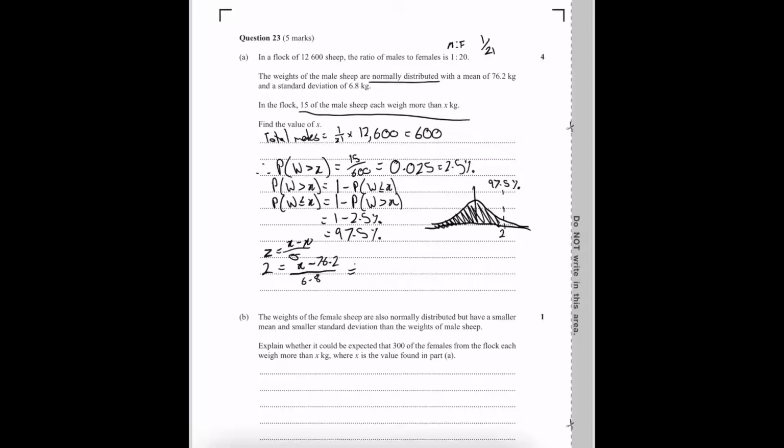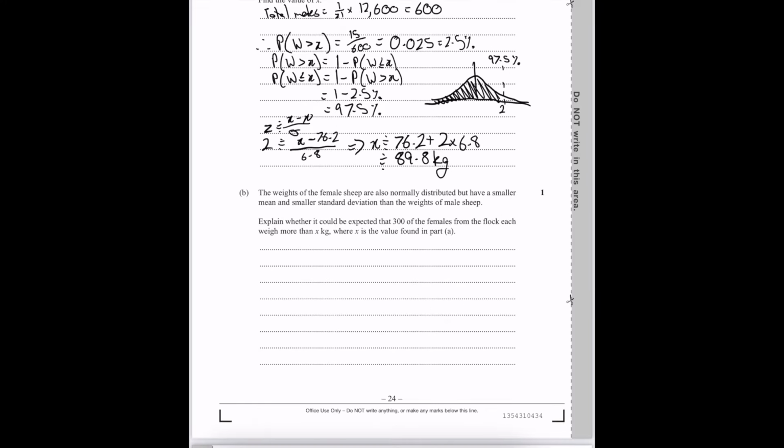We can rearrange and we get x is equal to 76.2 plus 2 times 6.8. I should say these are approximately equal to. And so we get x is approximately equal to 89.8 kilograms.